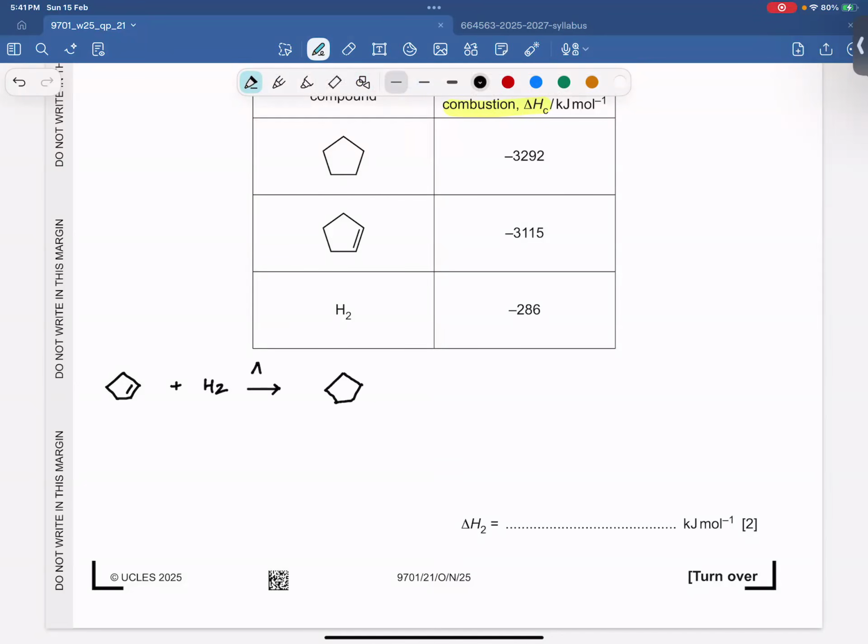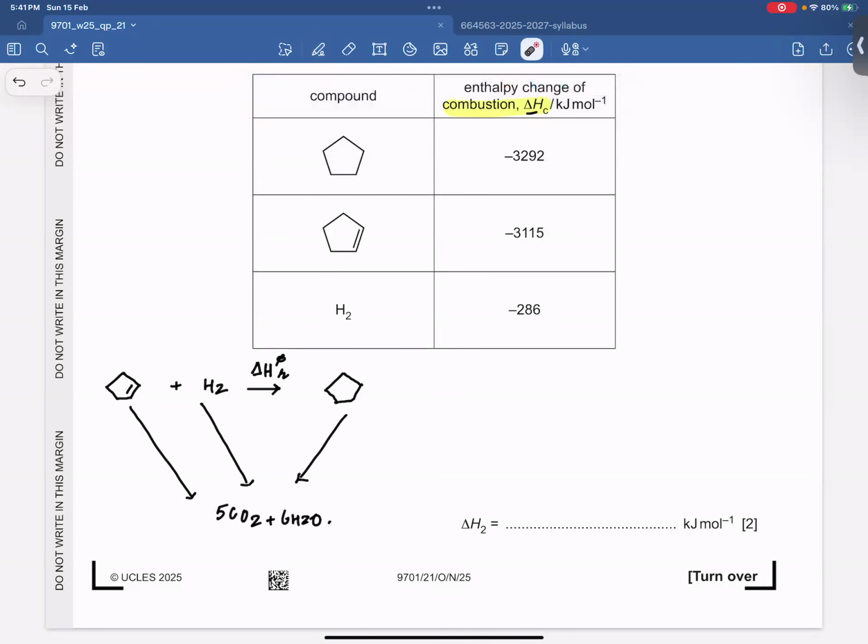We need to find the value of delta H, the enthalpy change, from this equation. Since the combustion data is given, we need to show the downward arrows like this. Because of combustion, I'll get carbon dioxide and water. How many hydrogen atoms here? 10 plus 2, 12. So we need to put 6 here.